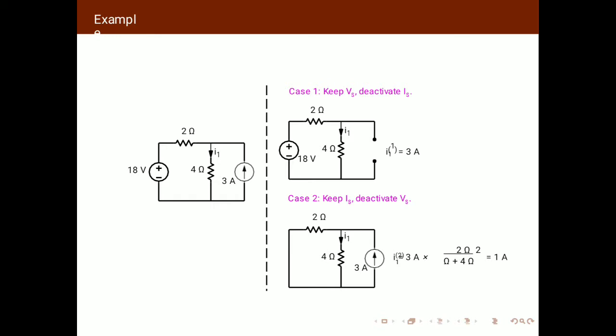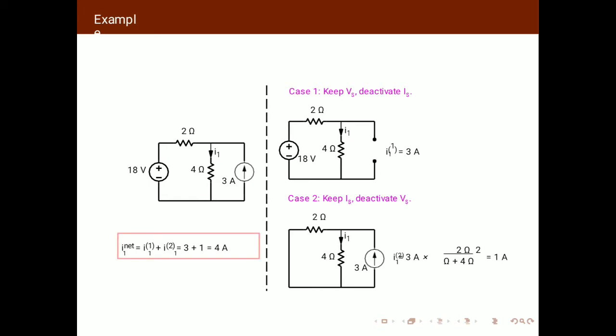See here, observe this one: I1 in case 1 is upward to downward, and the same in case 2, also upward to downward. So both currents are in the same direction, so these individual currents add, and we get the resultant current.